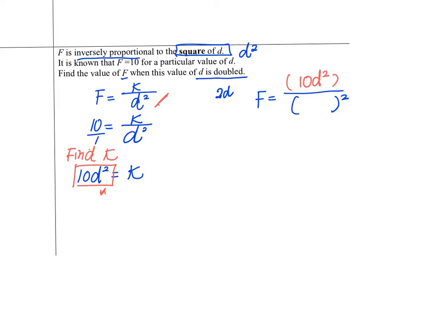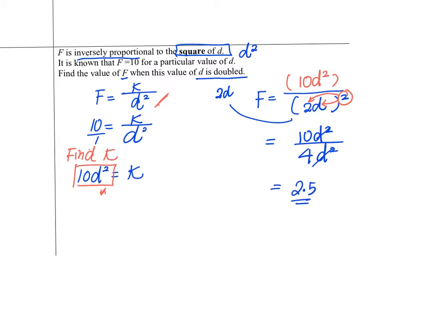And now d is doubled, it becomes 2d. The power over here, the square, applies to both the number 2 and the letter d. So 10d squared over 4d squared. What do you notice about the d squared? They cancel away, and we are left with the number 2.5. Have you gotten the concept?